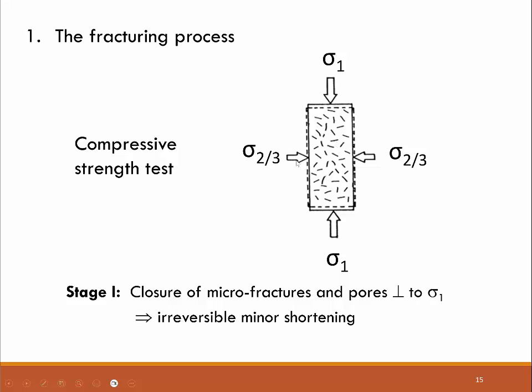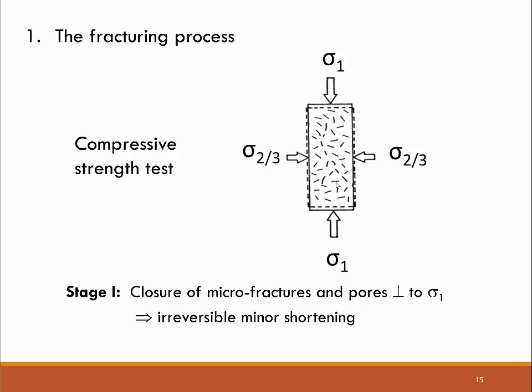If you expose a rock specimen to increasing differential stress, again, there is a first stage of deformation, and that is the closure of microfractures and pore space that is oriented perpendicular to sigma 1. So, for instance, pore space and microfractures that are oriented like this one, or like that one, or that one.